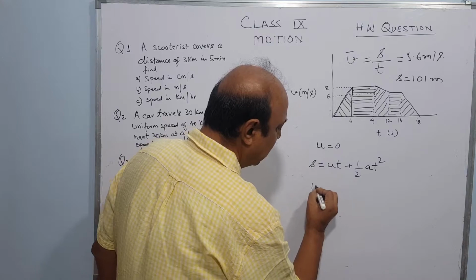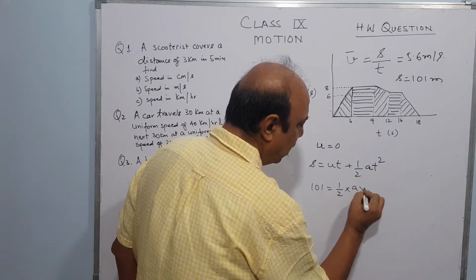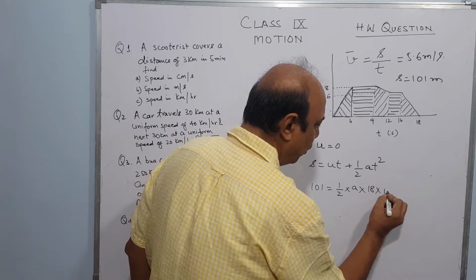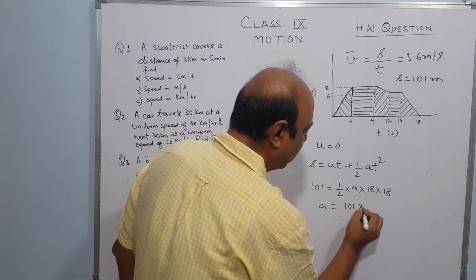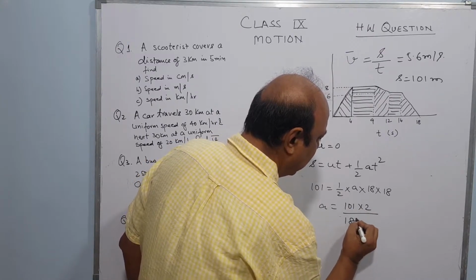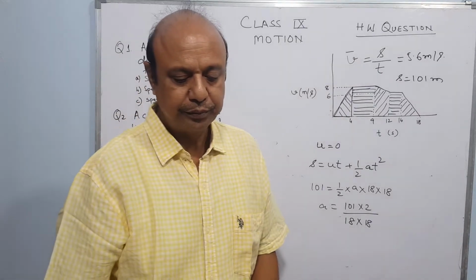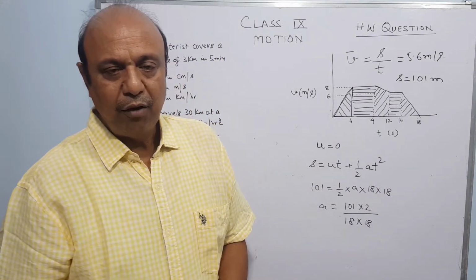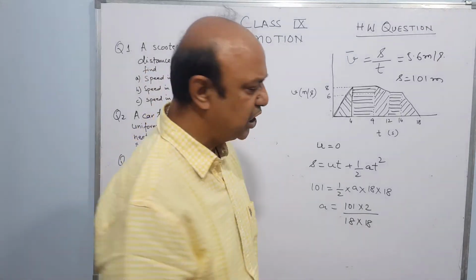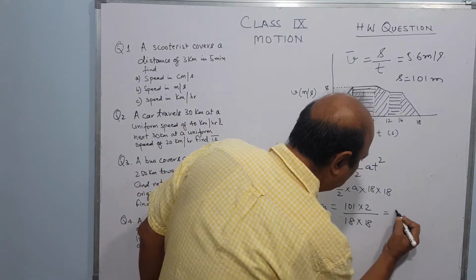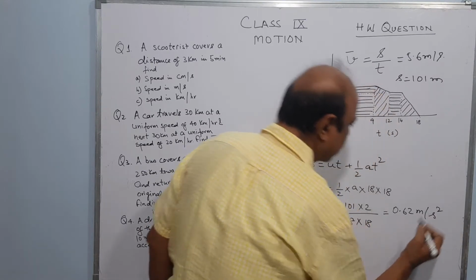So 101 is equal to half into a into 18 into 18, or a is equal to 101 into 2 upon 18 into 18. If I solve this, it comes to approximately 0.62 meters per second square.